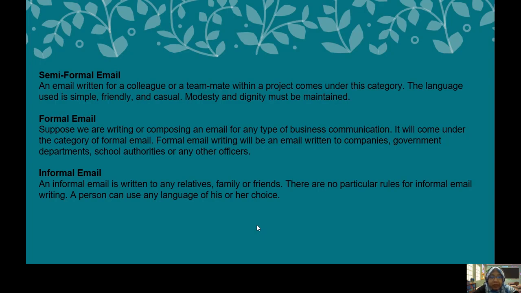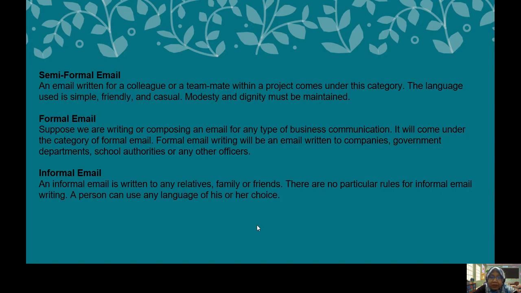So it will come under the category of formal email. Formal email writing will be an email written to companies, government departments. When you want to make a complaint, you have to use formal email. All right, school authorities or any other officers.